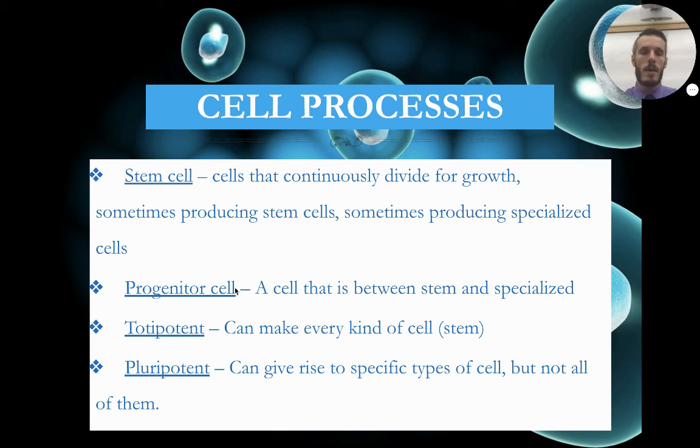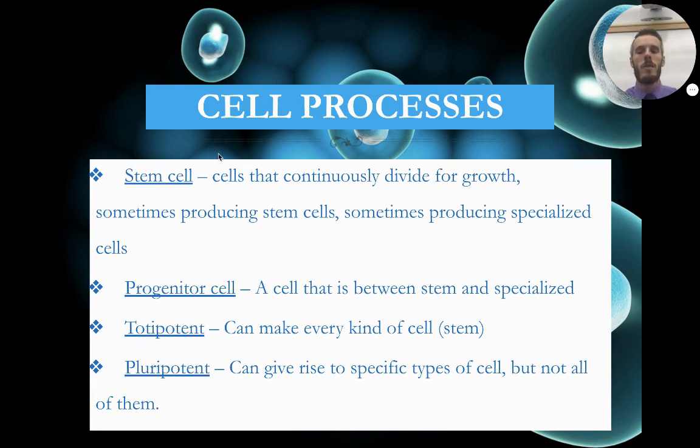So a progenitor cell is a cell that will have come from a stem cell that is beginning to become specialized. So it will undergo mitosis and start producing cells that are specialized and will have a specific use.